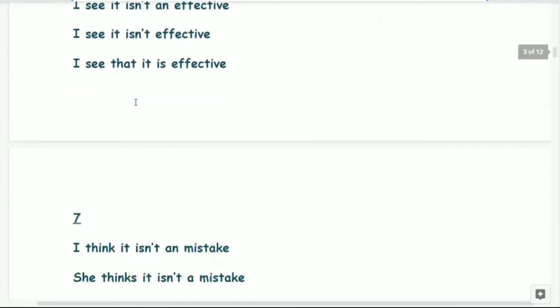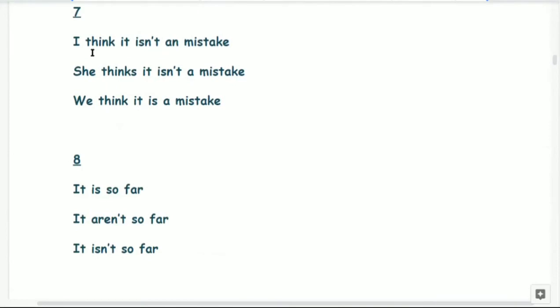This one is yours and the seventh is mine. I think it isn't a mistake, it isn't any mistake. She thinks it isn't a mistake, and we think it is a mistake. The first one is definitely wrong, because we don't use an when we have a word starting with a consonant sound, we just use a.